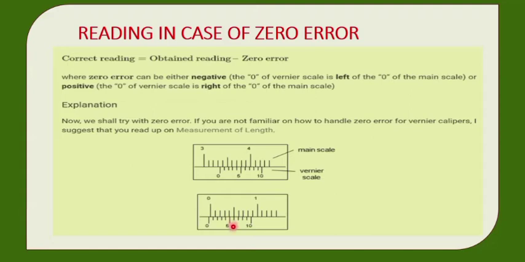We count from zero: 0, 1, 2, 3, 4. Here 4 divisions is the reading of the negative zero error, and the zero correction will be 0.04 centimeter, because 4 divisions multiplied by the least count 0.01 gives 0.04 centimeter.